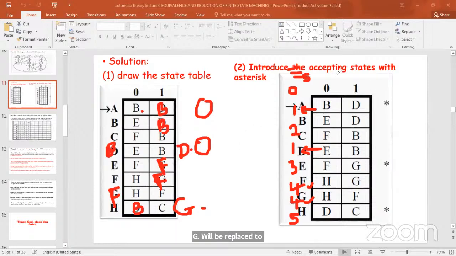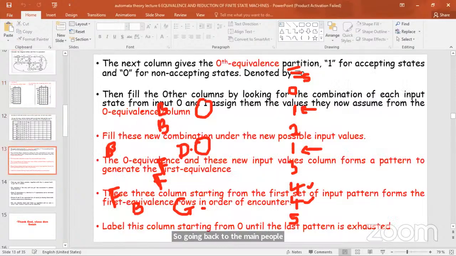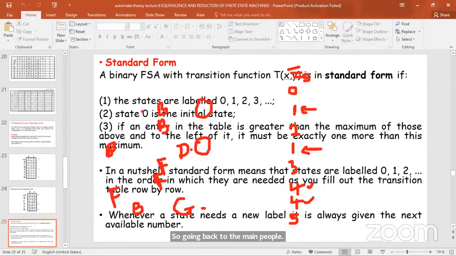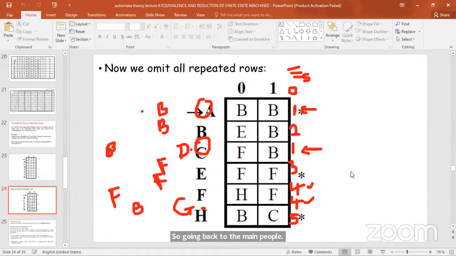So going back to the main table, let me remove some of this.